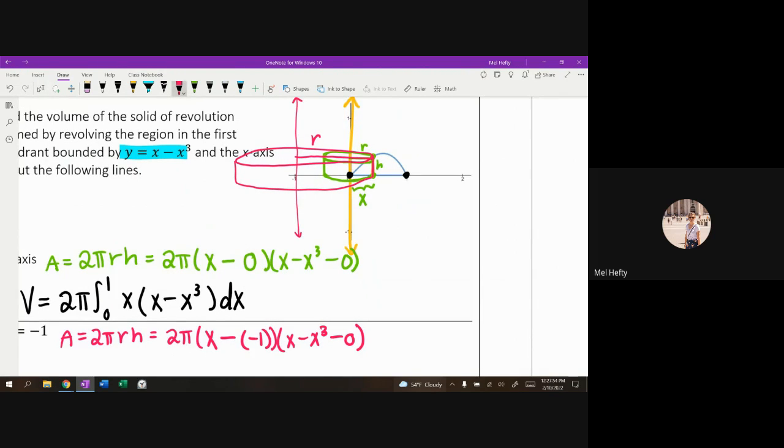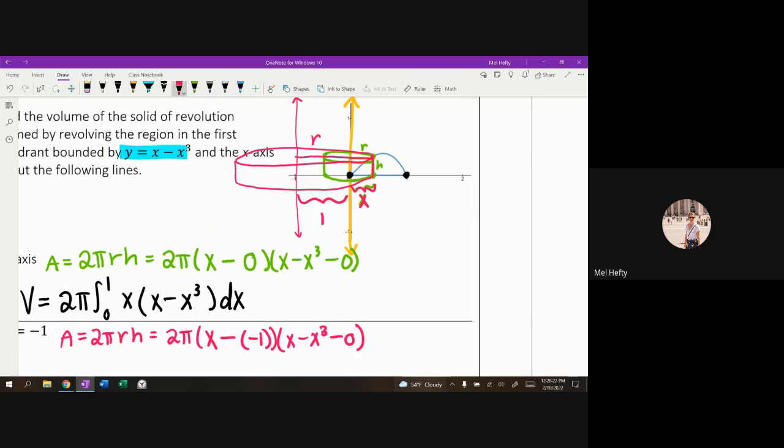Another way to think about that is this distance right here is my x. How far is this distance? 1. So I have x plus the extra 1 going back from 0 to my axis of rotation. So whichever way you want to think about that is perfectly fine. Wherever you are from the y-axis over to where your representative shell is, that's the x distance.